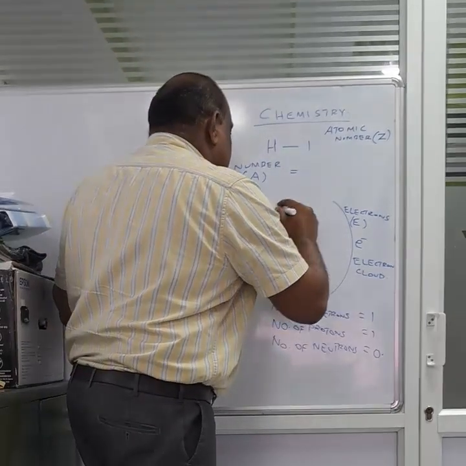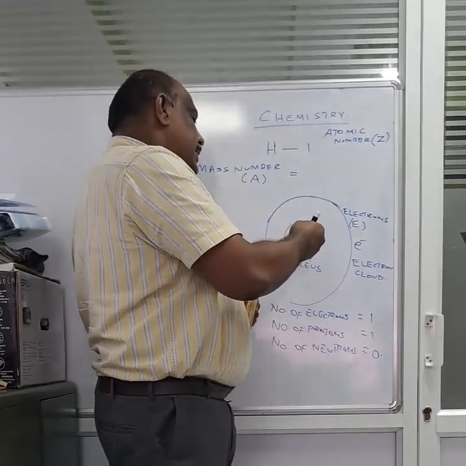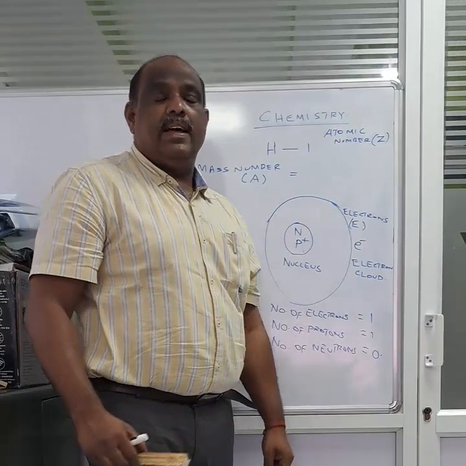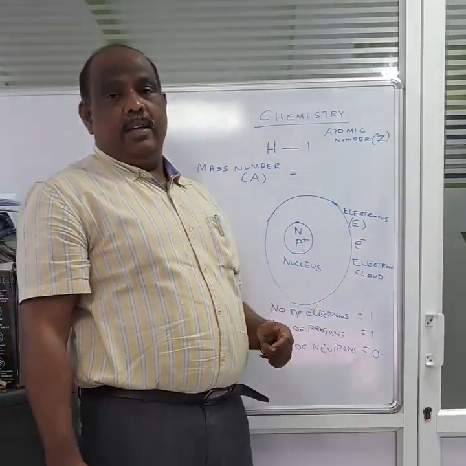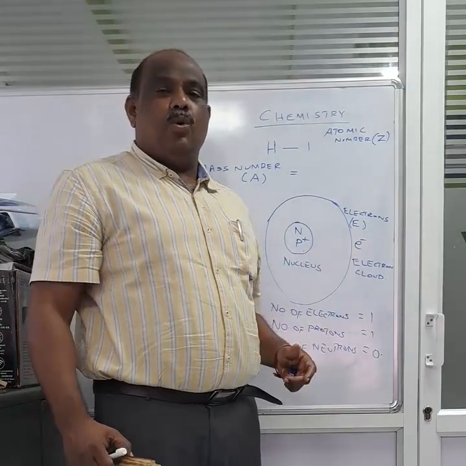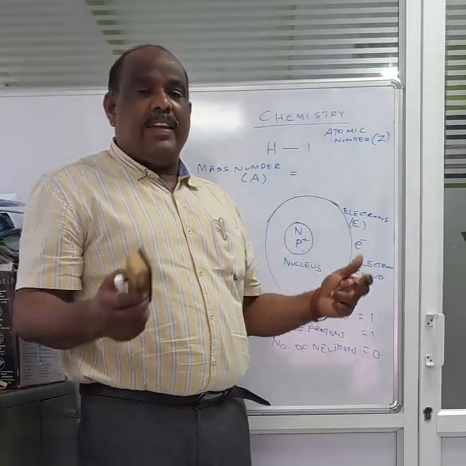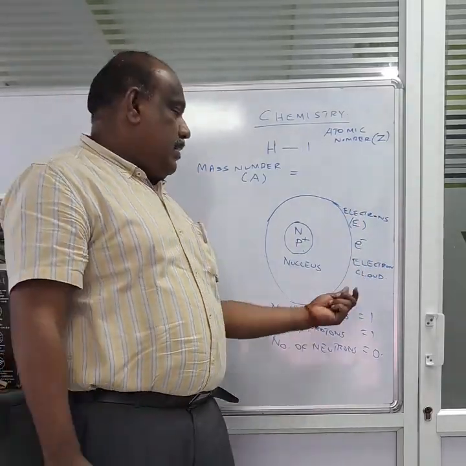As I told you earlier, the neutrons and protons are located inside the nucleus, whereas the electrons are in the outer orbits or orbitals, and generally they are called the electron cloud. Whenever we say electron cloud, it means it is almost vapor form and doesn't have that much mass.